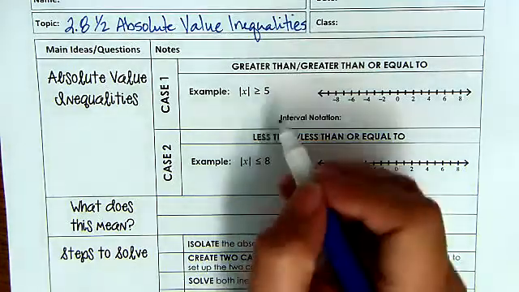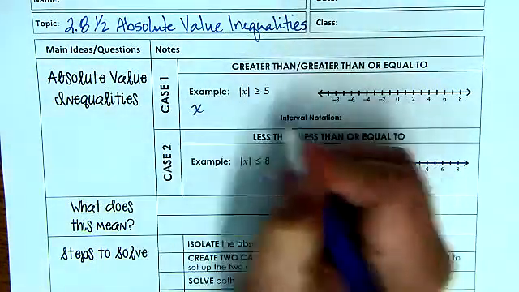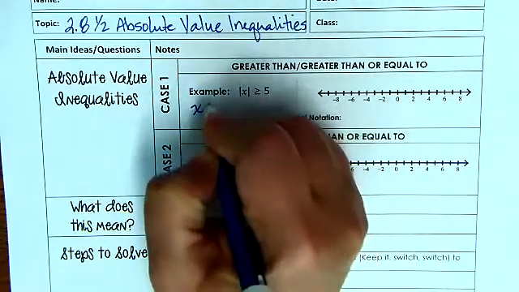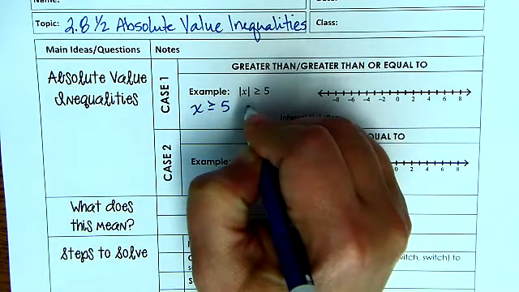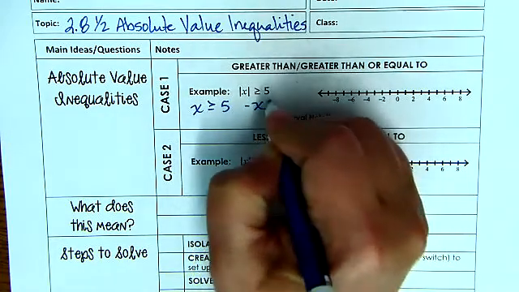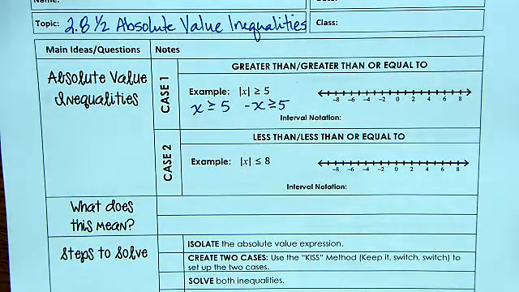So when I'm looking here, I can have x is, because x can be positive, is greater than or equal to 5, or I can have negative x is greater than or equal to 5. Well, wait a minute. Technically, can I have a negative x? No. So I've got to get rid of that negative.